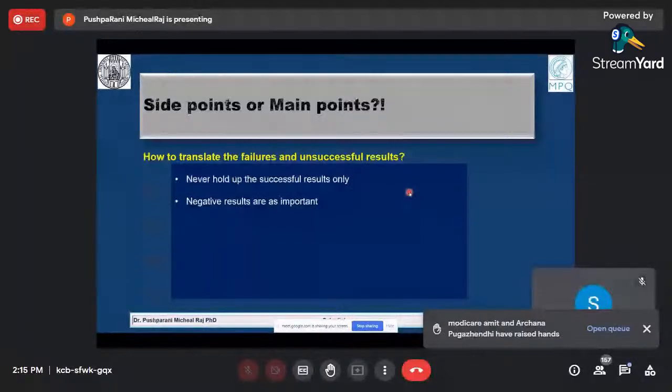But why should we appreciate negative results? These are the important reasons. The original hypothesis was inaccurate. So somebody will understand that when we are conceptualizing the hypothesis, we have to be very precise and try to get as accurate as possible, because that is the starting point of any research.